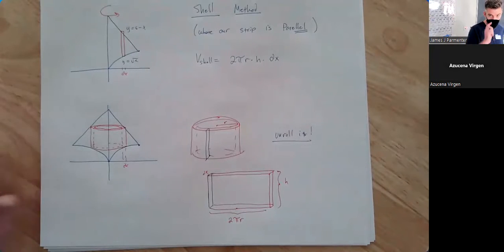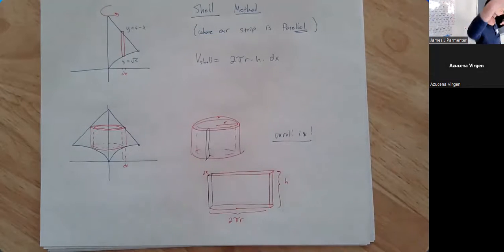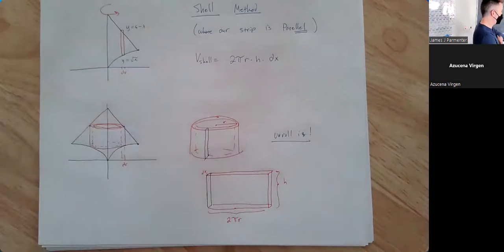Now, importantly, and this is where things feel very, very different: in the disk washer method, the radius is typically the function. However far the function is from the axis of rotation, that's your radius. In the shell method, the radius is not the function. In the shell method, the radius is how far you are from the axis of rotation.